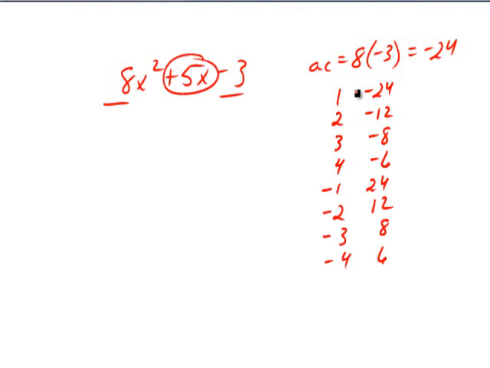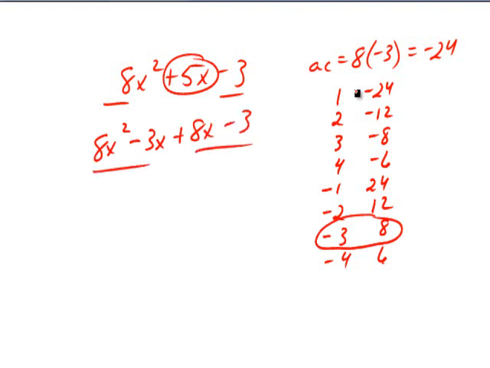The middle term is 5x. We want the pair of factors that give us a sum of 5. Negative 3 and positive 8 will give us positive 5. So let's write the expression, changing 5x into negative 3x plus 8x, and factor by grouping. Pairing the first two terms together, we can factor out x.